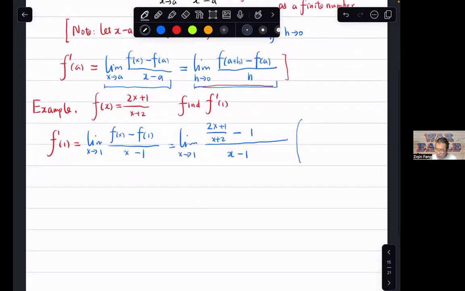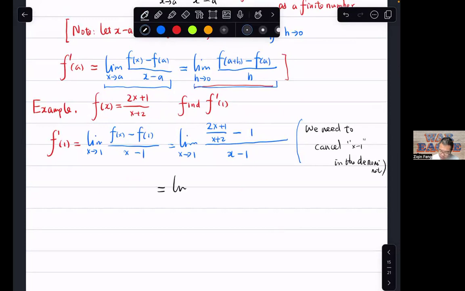We need to cancel x minus 1 in the denominator, because that's the factor that is the reason we cannot plug in 1. If you plug in 1, you get 0 in the denominator. So how do we do this?